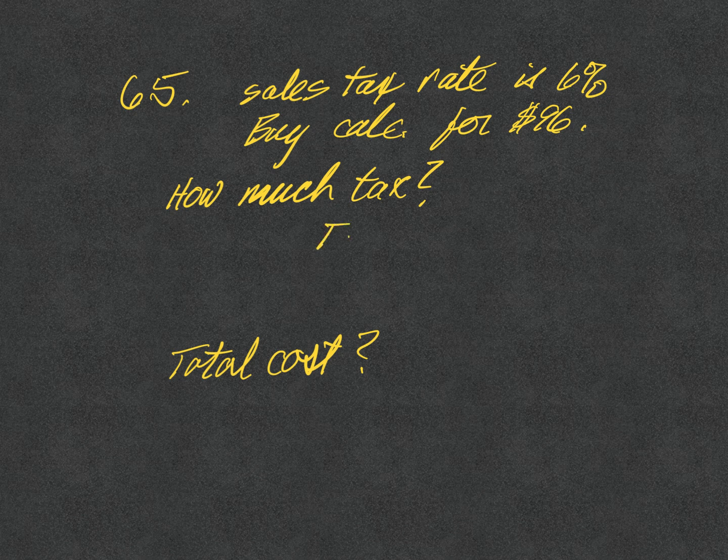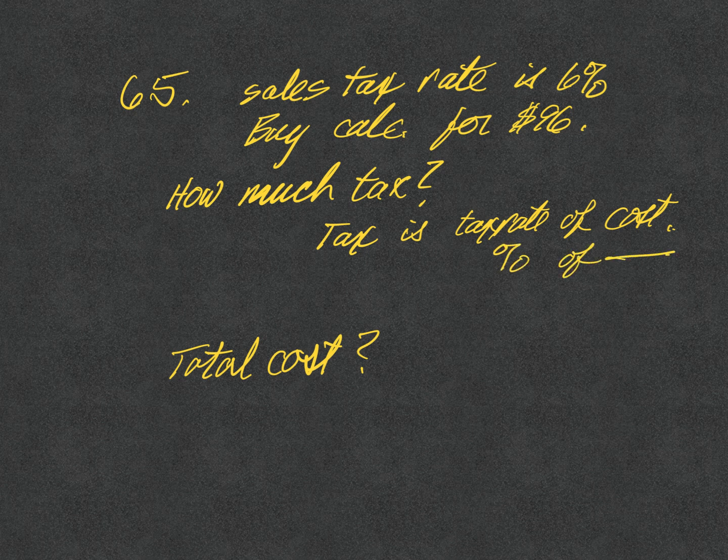So we're saying tax is tax rate of cost. And so this is what is the percent of is what? That's essentially what we're doing. Percent of some number is some number.